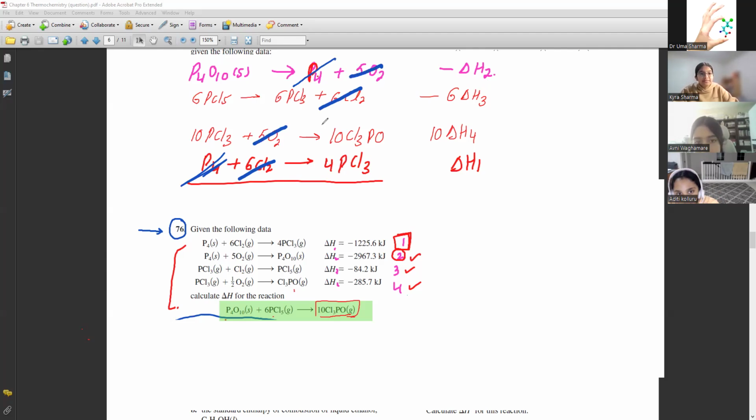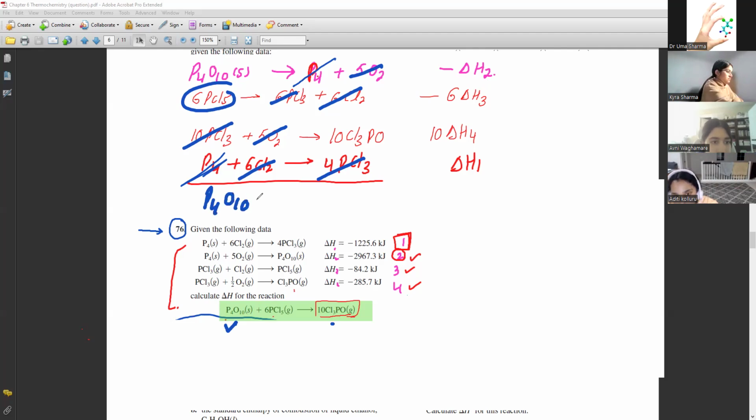And I think this is also cancelled: 6 plus 4 is 10 and 10. You are left with your desired equation: P4O10 plus 6PCl5 giving you 10 Cl3PO.